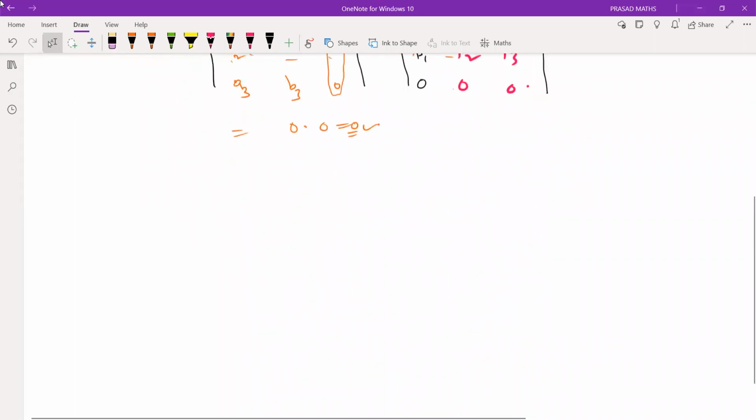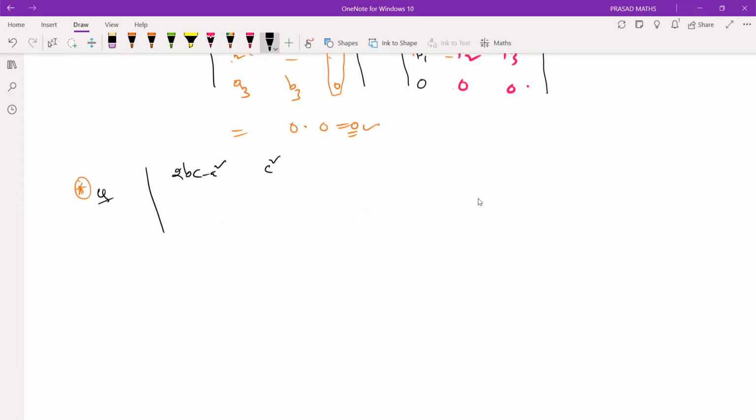Okay, and you can go through another example. Suppose this is 2bc minus a square, this is a square, b square, this is c square, this is 2ca minus b square, a square, this is b square, a square, right? 2ab minus c square.